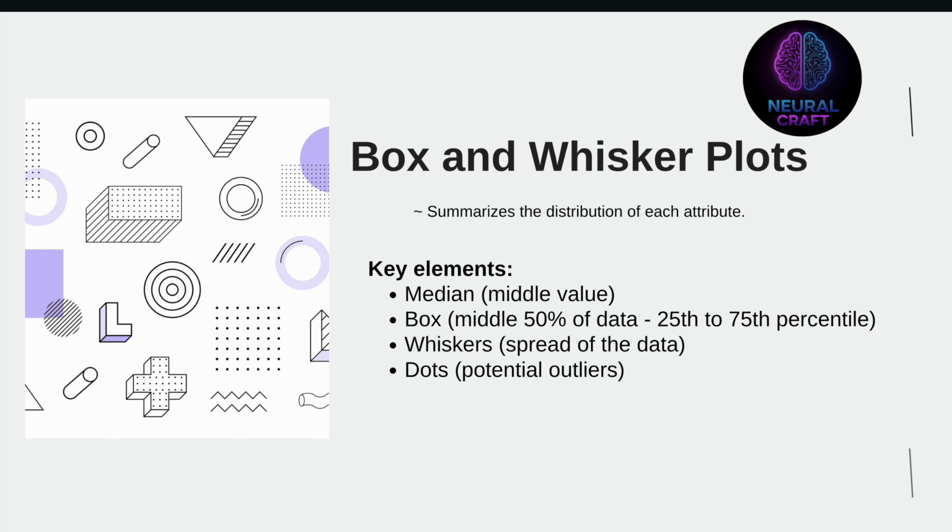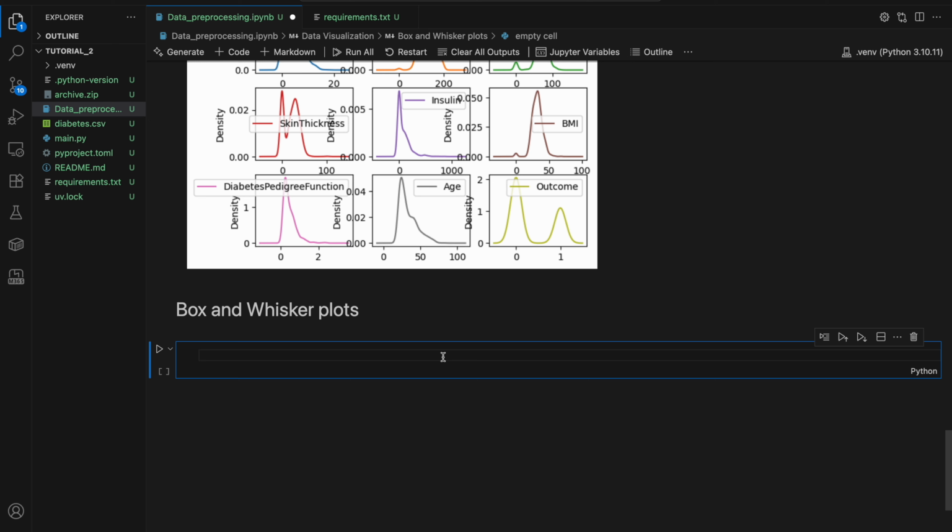So moving towards the code now, let me create one more markdown, and this is going to be box and whisker plots. Here for box and whisker plots, pandas has already provided everything. We just have to utilize it as per our use case.